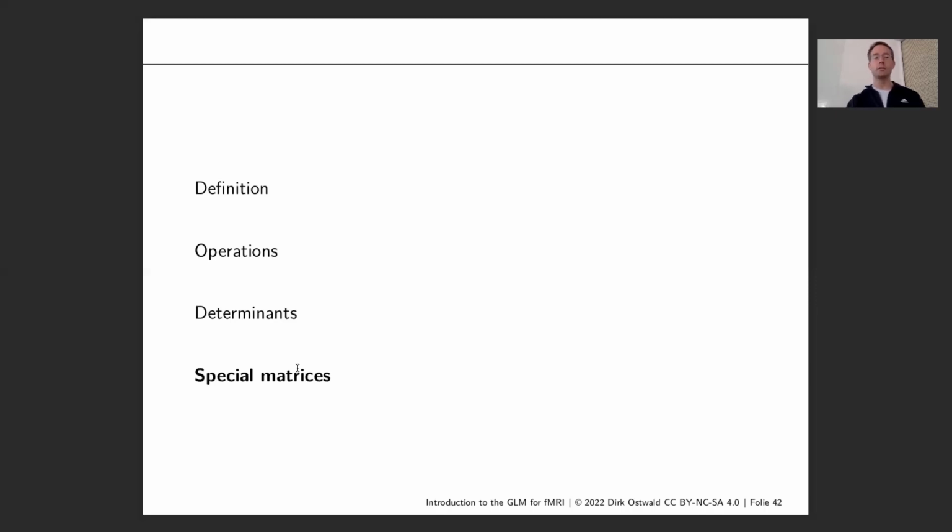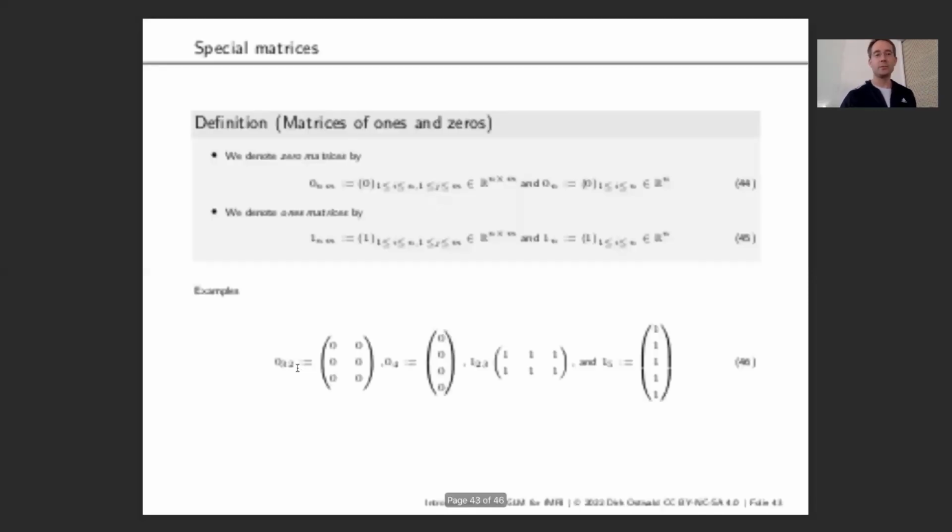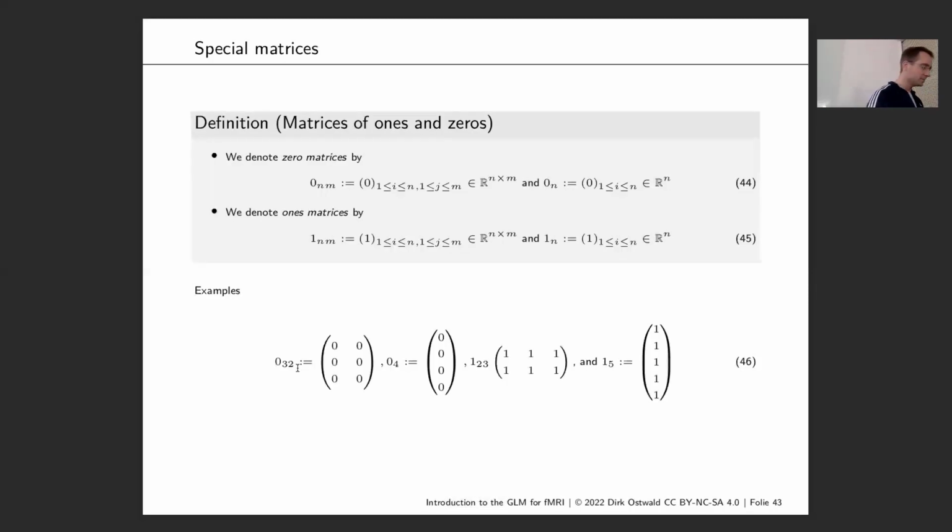A little bit more important for the rest, but equally important, I think, are these special matrices. And this is mainly notation. So first of all, we will see zero matrices. These are matrices that only have zeros as entries. And I will denote them as 0 with subscript n if it's an n times n matrix.